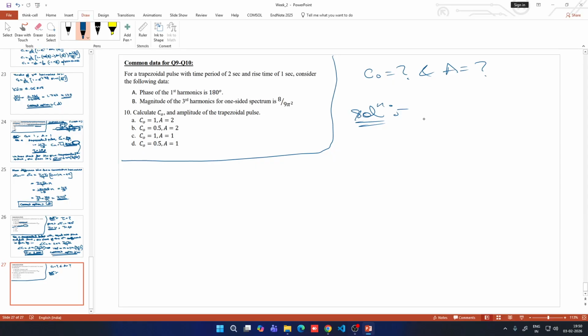What is given here is the magnitude of the third harmonic of the one-sided spectrum: C3 plus magnitude is 8 by 9 pi square. Now we know the standard formula for this.